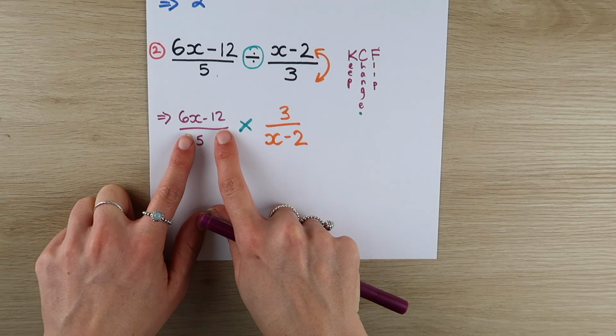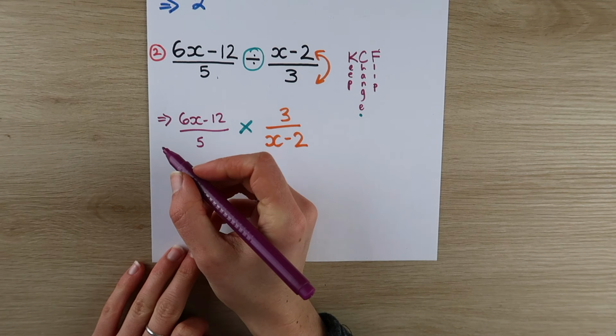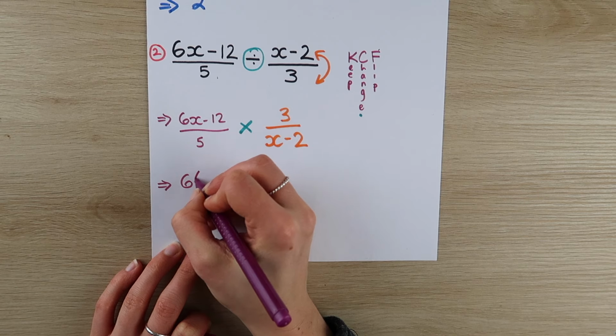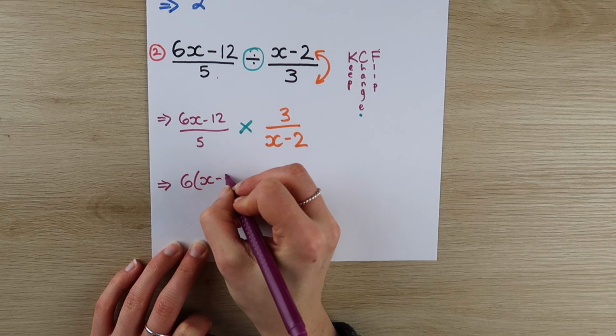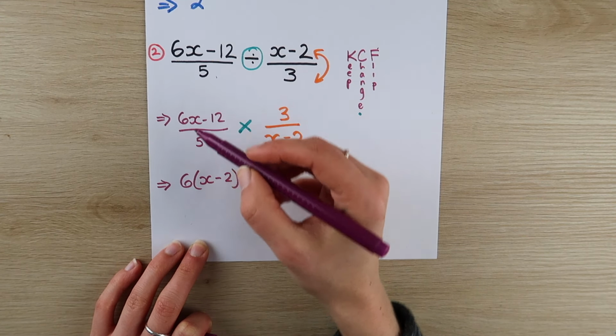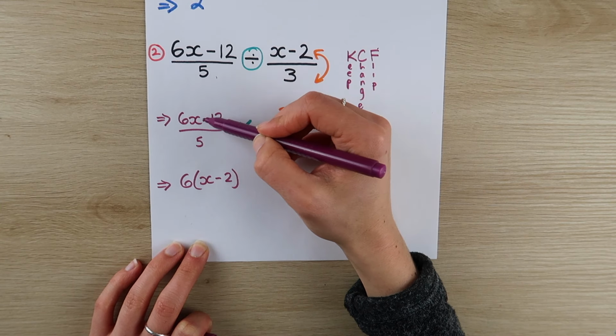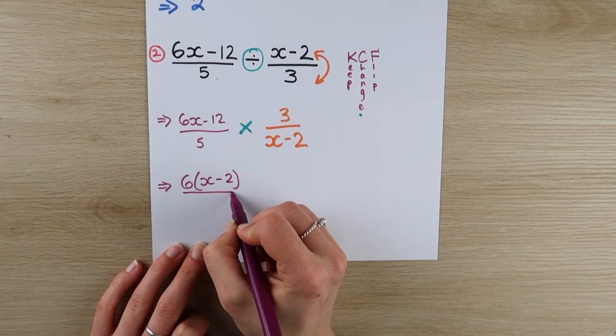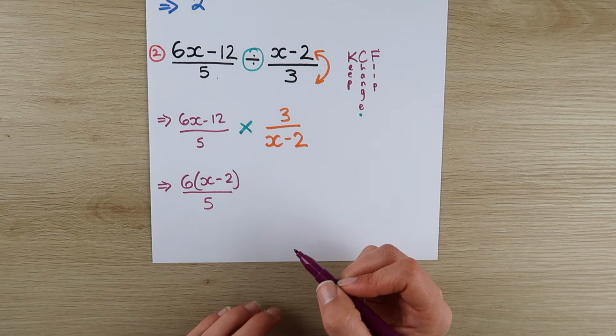However, this one, 6x minus 12, I can factorize by taking out 6 as a common factor. 6(x minus 2), because 6x divided by 6 is x, and negative 12 divided by 6 is negative 2. And I'm left with 5 on the bottom.